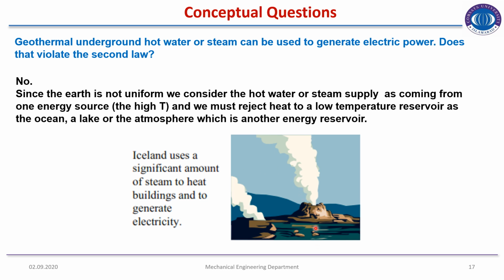So that region becomes a high temperature reservoir. We can install a heat engine or a work producing device there, and reject heat into the atmosphere, which acts as a low temperature thermal energy reservoir. So it does not violate the second law of thermodynamics.